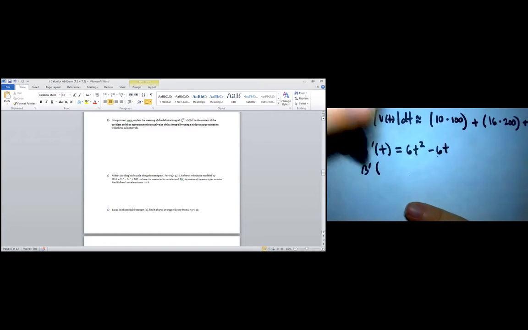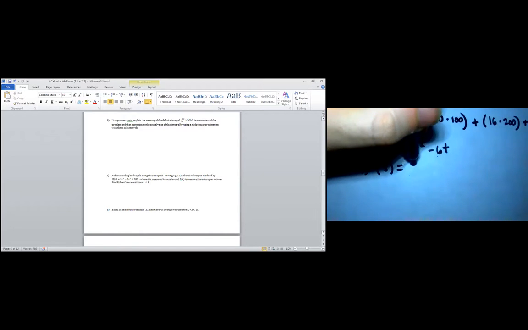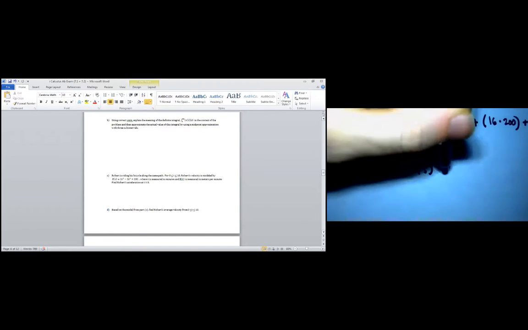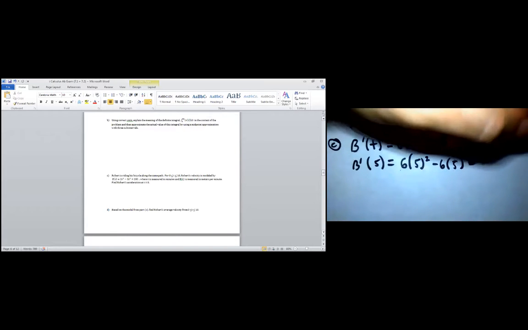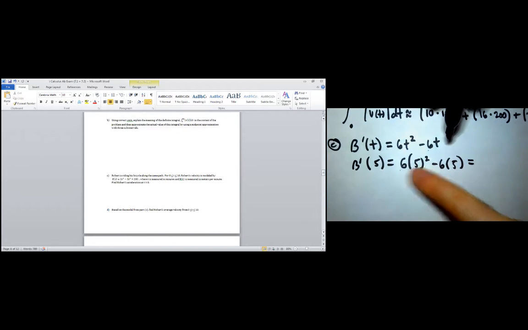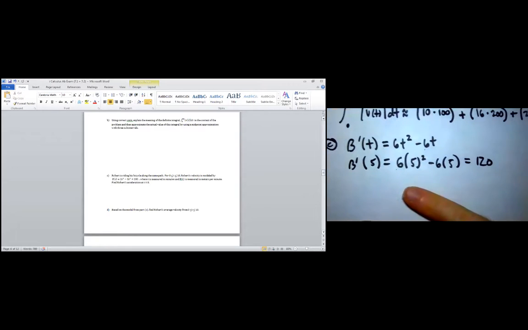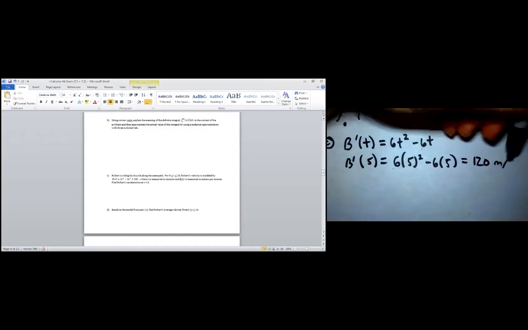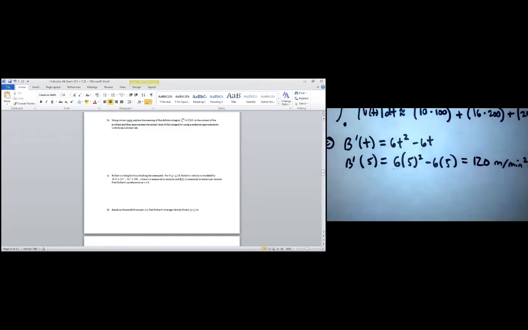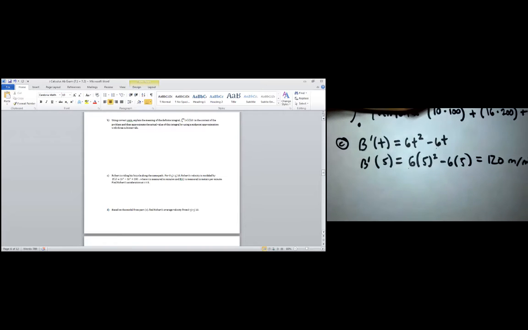So then b prime of 5 is equal to that answer right there. If you want to stop, you can. That's what, 25 makes 150 minus, I'm getting 120. What are we talking about there? Meters per minute squared. Okay. Questions on C?